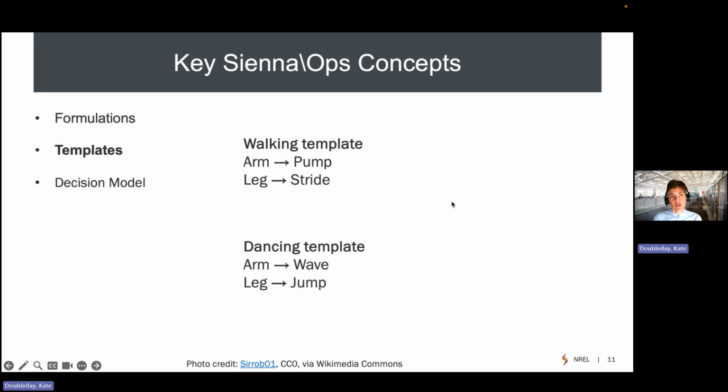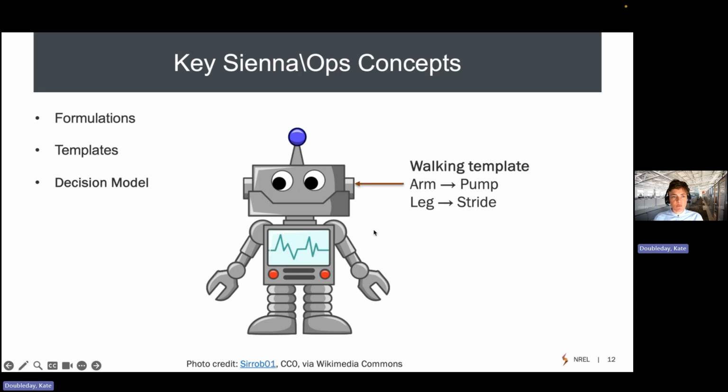So back to our robot. At this point, we've defined a data set, and we've defined a set of instructions. And once we combine them, we have what's called a decision model. So a decision model is a complete optimization problem with data and equations that can be built and solved, and which gives us our final results. So you could think of this as uploading the instructions to the robot and actually seeing it walk.